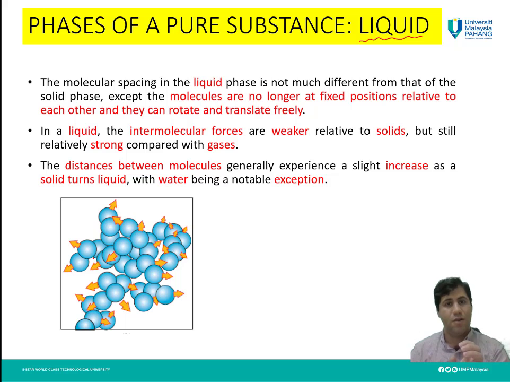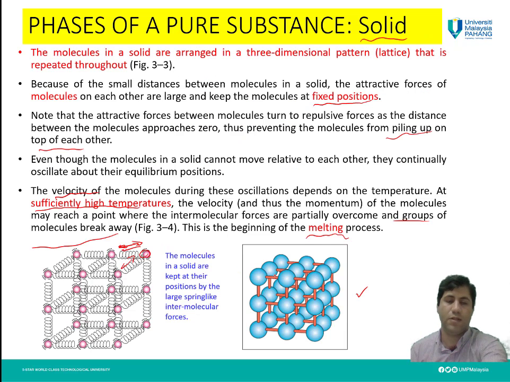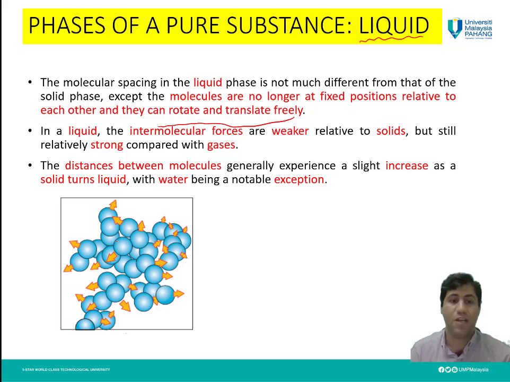So the distance between the molecules is still the same as the solid, except the molecules are no longer at fixed positions relative to each other, and they can rotate and translate freely, like what you can see here. If you compare this figure with the solid, in the solid they have a three-dimensional pattern, but in the liquid phase we don't have that, and the molecules can rotate around each other.